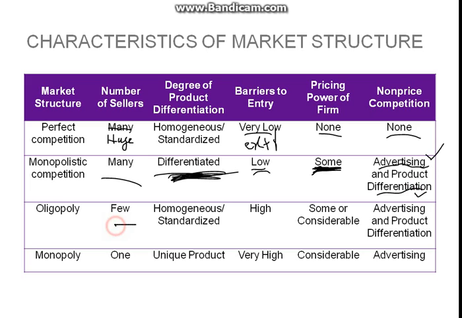Oligopoly. There are few firms. They have homogeneous and standardized products because they normally cooperate with each other.